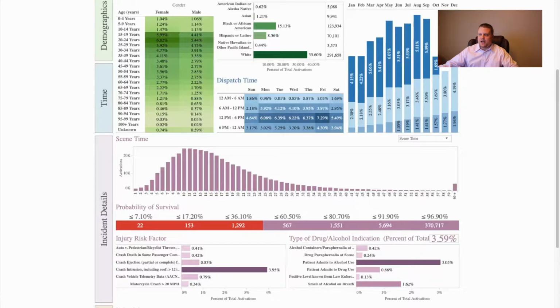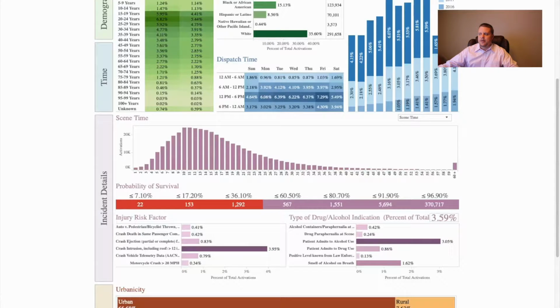Further down, we have incident details. So we have scene times, and then there is a toggle filter for scene time, scene response time, and transport time. Those are really a nice factor to utilize when you get down into the geographic area at the bottom.